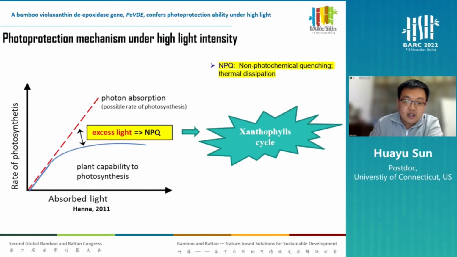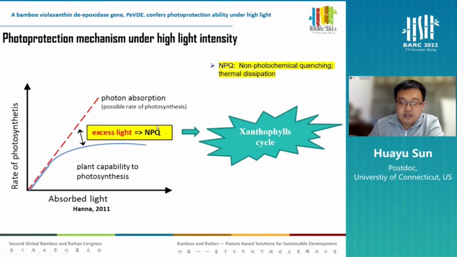Some studies also found that photosynthesis efficiency doesn't have a positive correlation with the increase of absorbed light. To protect the plants under high light, the excess absorbed light is transferred to thermal dissipation, which we call NPQ.